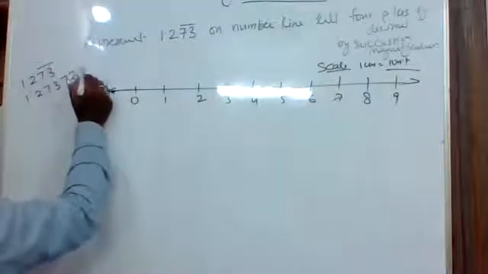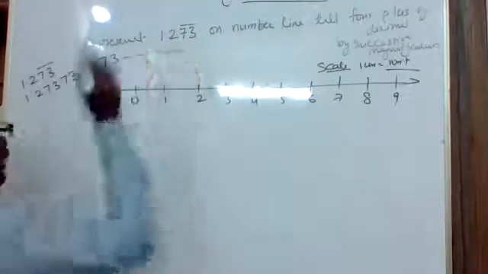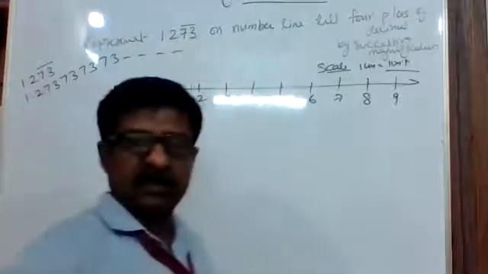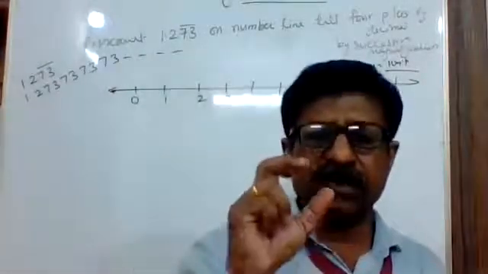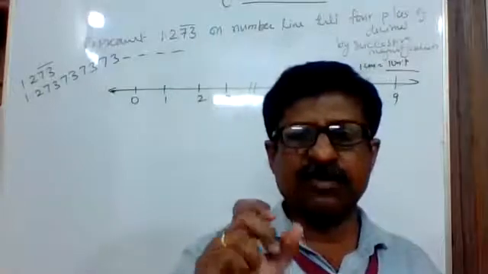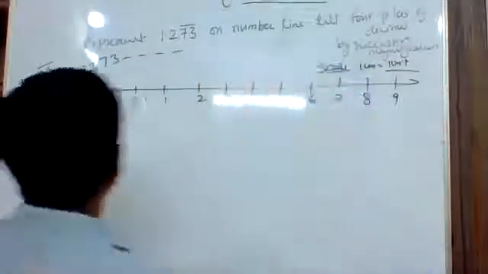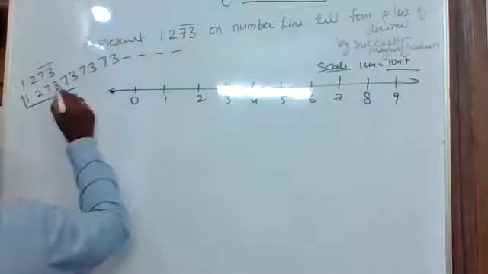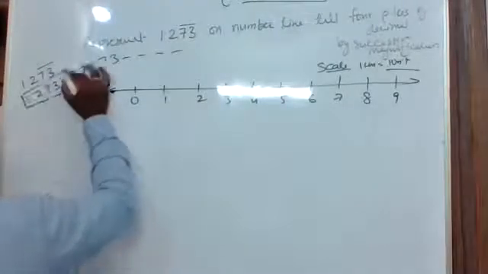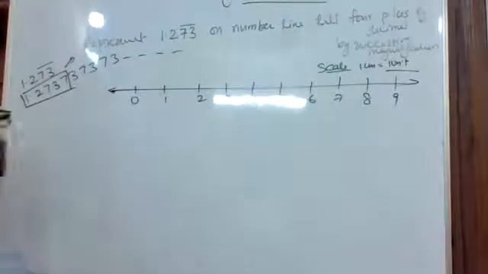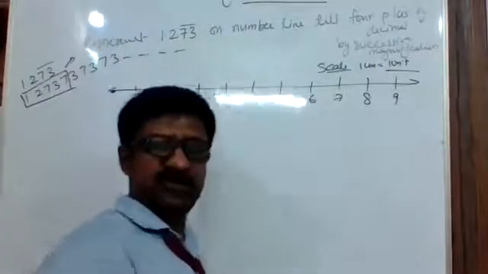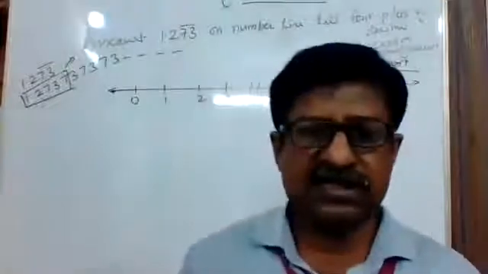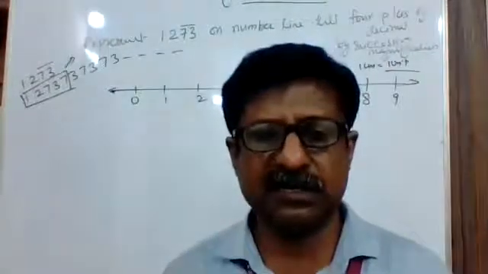Therefore, 7, 3, 7, 3, 7, 3 is continuously repeating. We don't have to take the exact value. We have to take only till 4 places. And 4 places of decimal means starting here, 1, 2, 3, 4. Till this number only we have to represent: 1.2737. This number has to be represented on the number line.